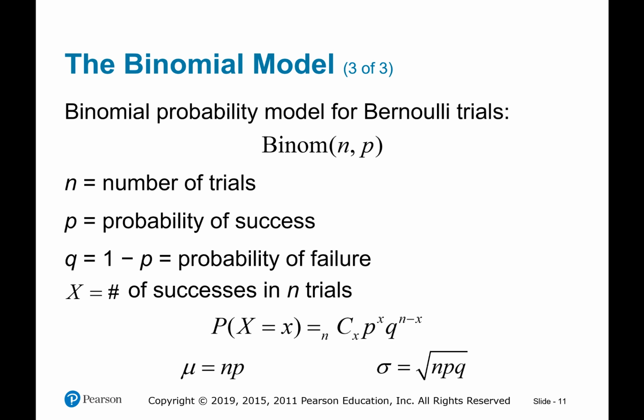So for the binomial probability, n is going to be how many trials we're going to run. P is the probability of success. Q is going to be 1 minus p, the probability of failure. X in this case, our random variable, is the number of successes in n number of trials.